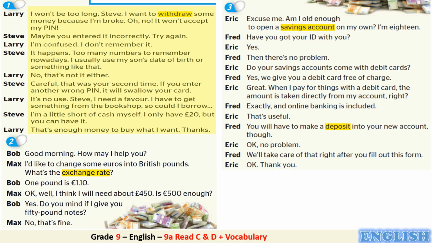No, that's not it either. Careful, that was your second time. If you enter another wrong PIN, it will swallow your card. It's no use, Steve. I need a favour. I have to get something from the bookshop. So, could I borrow... I'm a little short of cash myself. I only have £20, but you can have it. That's enough money to buy what I want. Thanks.